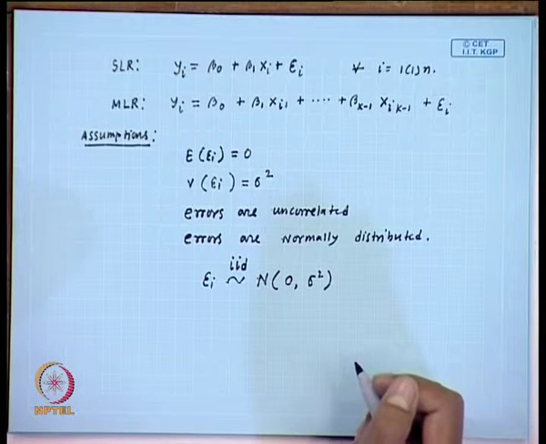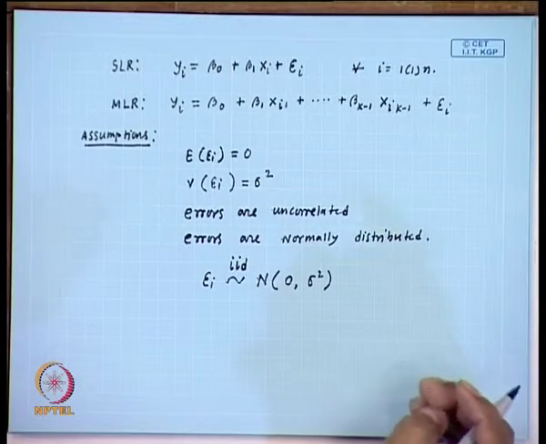Okay. So, in this module basically what we will do is that we will present several techniques to check these basic assumptions on error, whether they are correct or not. So, gross violation from these assumptions may yield a model which is very unstable, right.